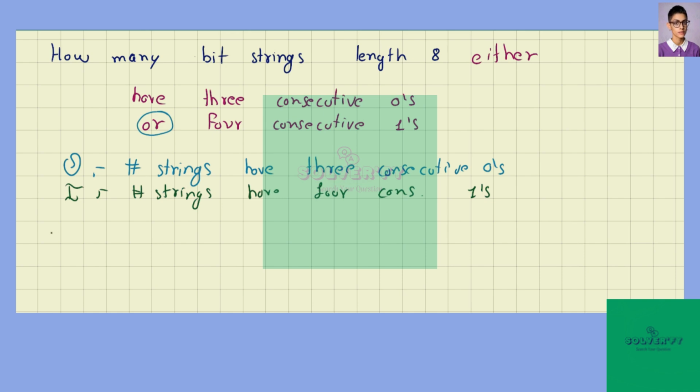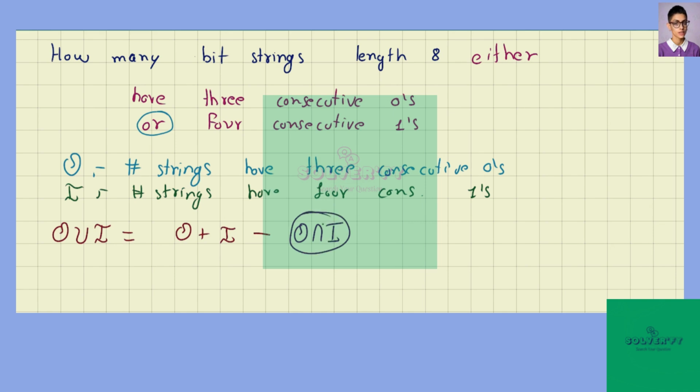And we need to calculate O union I, right? O or I, the union of these two numbers. And this is going to be equal to O plus I, that is the number of strings that have 3 consecutive zeros plus the number of strings that have 4 consecutive ones, minus the intersection of these two events or sets.